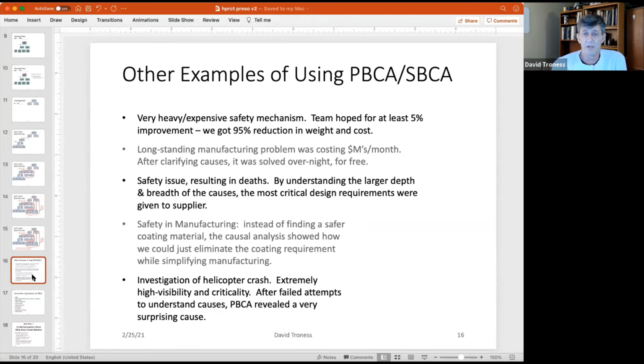There was another manufacturer I worked for, to show you the extreme result of some of these things. There's a major problem costing millions per month. The key was we got down and defined the causes so clearly that the answer was actually completely obvious, but also it was so shocking to the engineers who owned the problem.